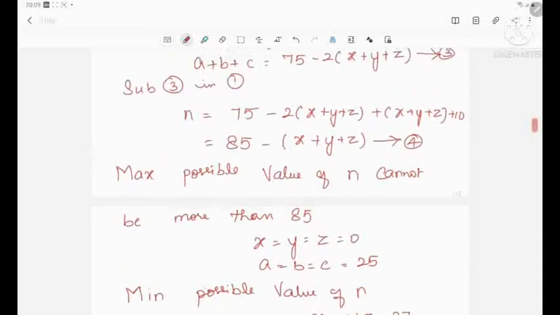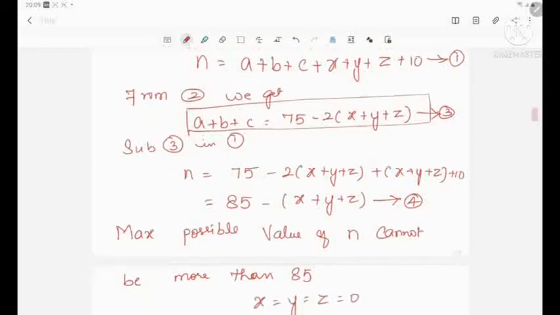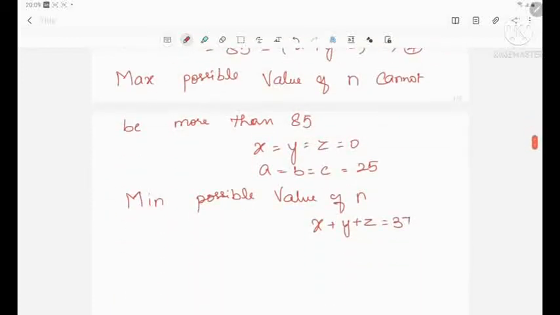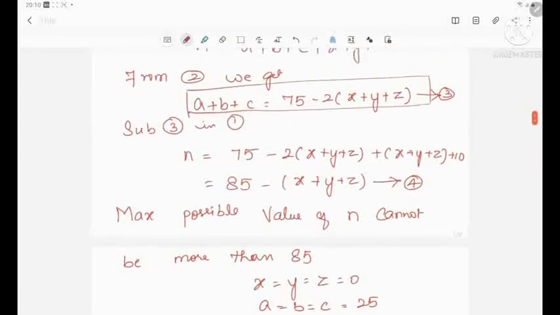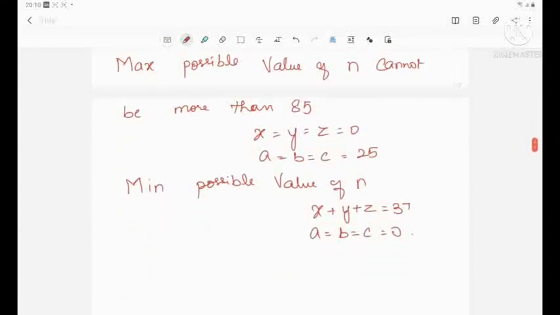This we infer from this particular equation, because here we have A is equal to B is equal to C is equal to 0. So when substituting in this third equation, we get 0 is equal to 75 minus 2 times (x plus y plus z).